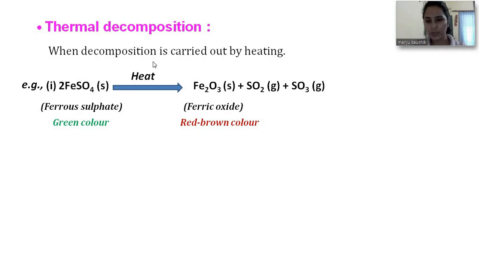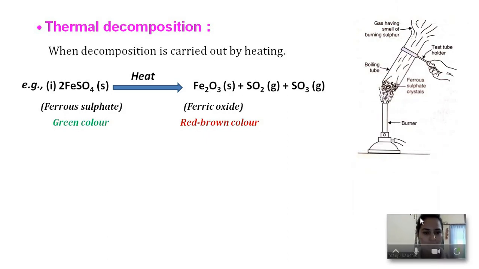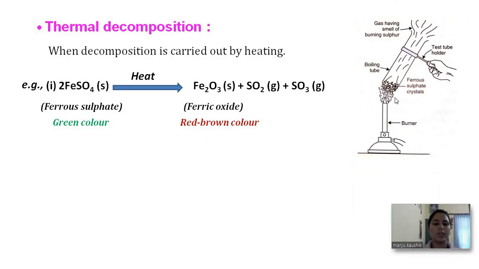As you can see, we have given heat to this particular reactant. What happens when we give this heat to this reactant? As you can see in this diagram, we have taken a test tube and we have taken ferrous sulfate crystals in this test tube.